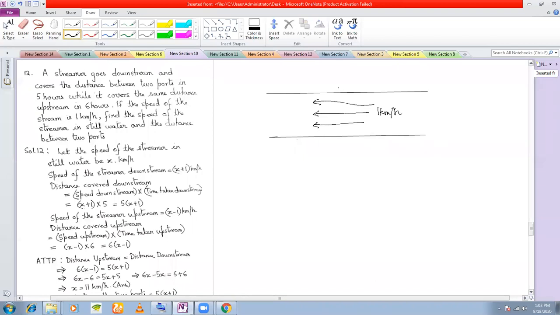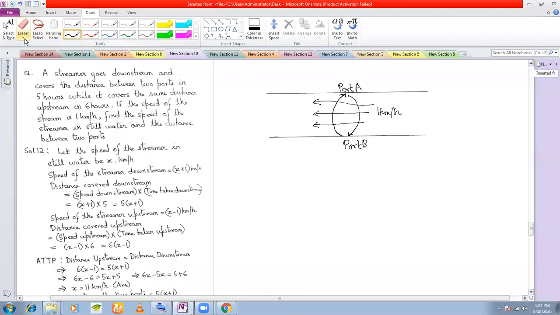And I have two ports here, port A and say port B, in these two places. And I have a boat, a streamer, which wants to move from port B to A, and then from port A to port B. Now this streamer will go in two directions.